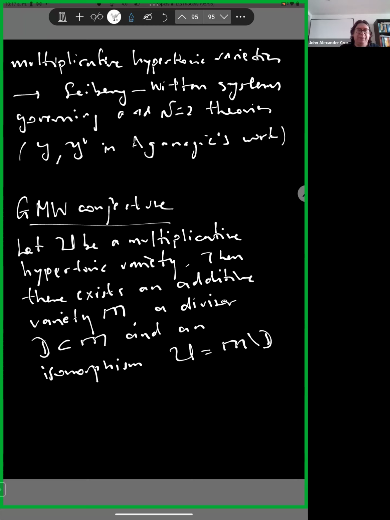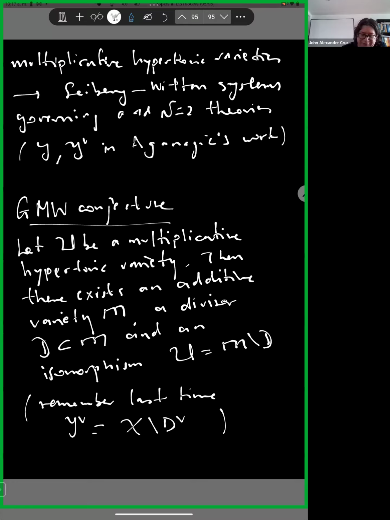If you remember, last time when we discussed how to construct the mirror of the Coulomb branch X, we considered this Y check, and we see an instance of this conjecture, because last time we used the fact that Y check is X minus some divisor D check.